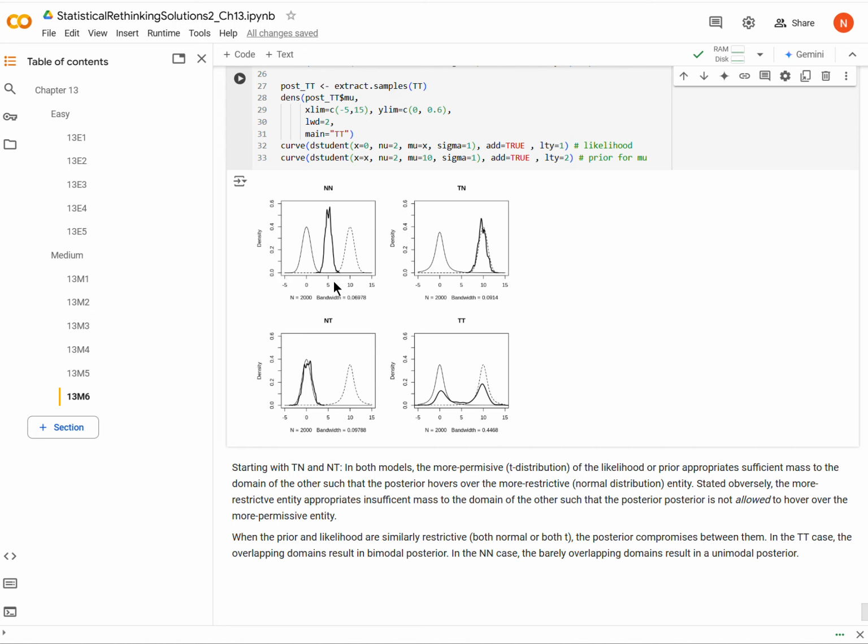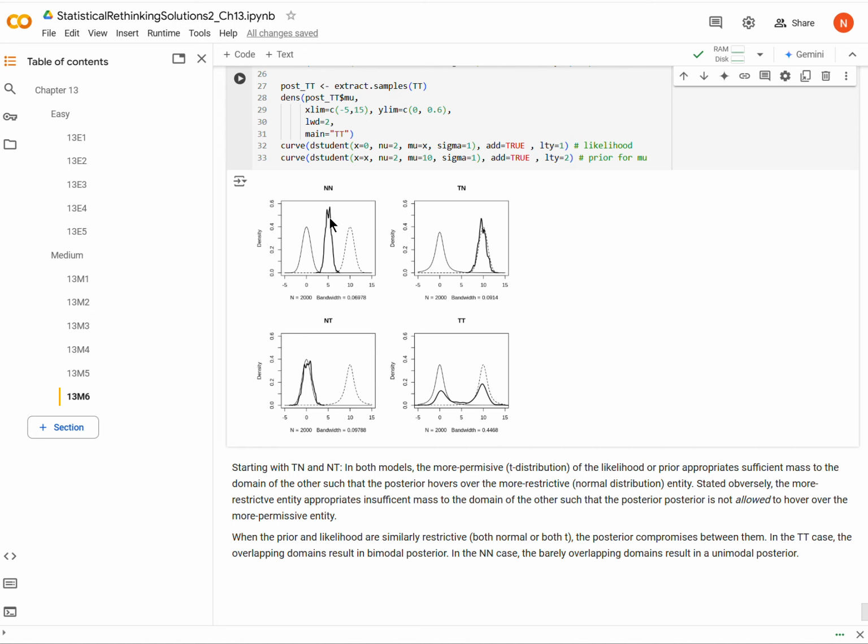Now, conversely, when you have two normal distributions that have very restrictive tails, where there's not a lot of overlapping area, the compromise that you get is this kind of dead center normal distribution that puts all of its posterior mass in between the likelihood and the prior. So I hope you can imagine how this is happening when you have these two competing forces, and two normal distributions are very, call it, standoffish to one another, and both equally strong.